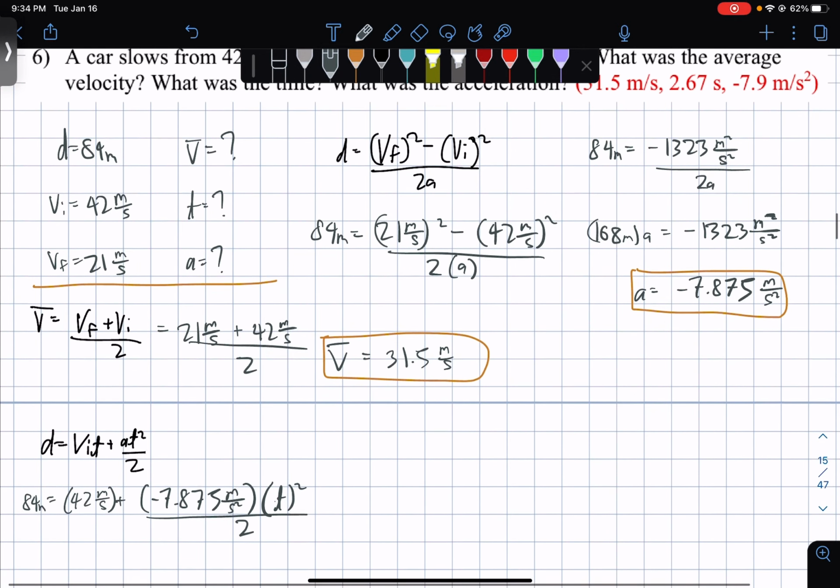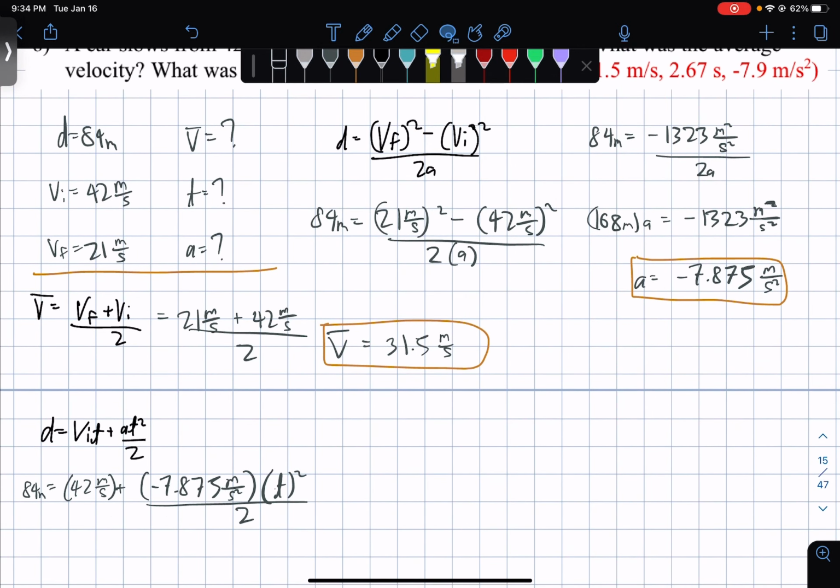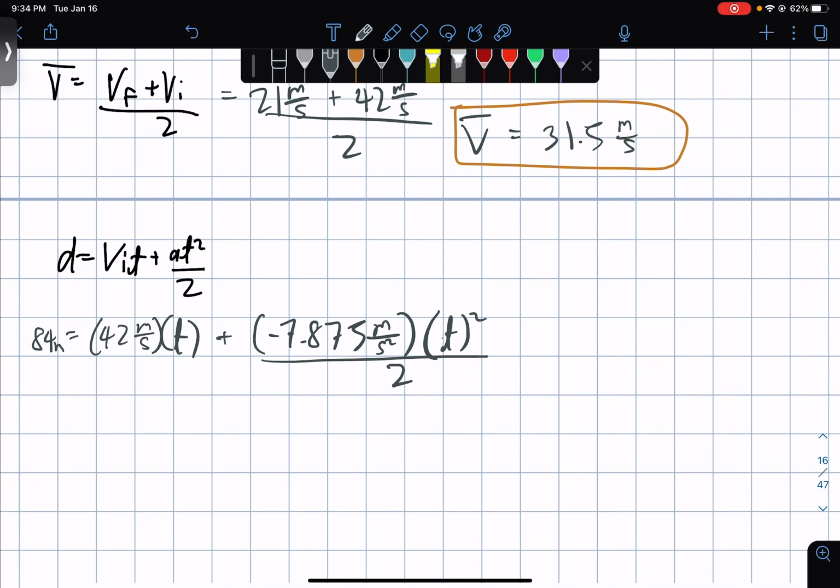By the way, yeah, we have to look for time. Multiply both sides by 2. That's what I suggest. So 84, 168. 42, 84.